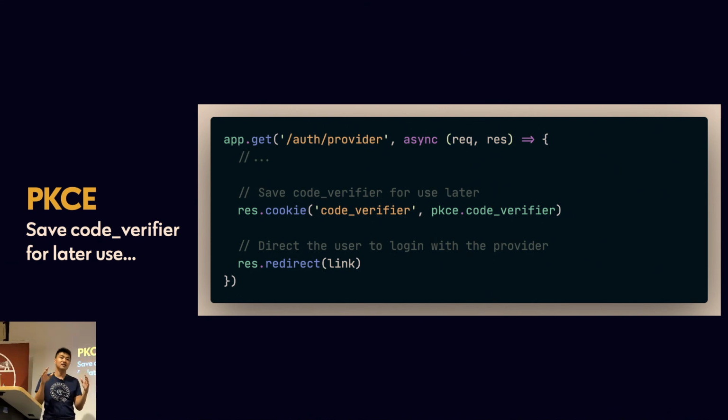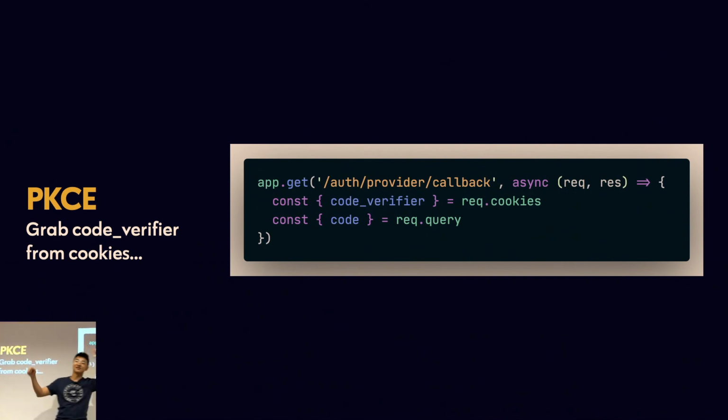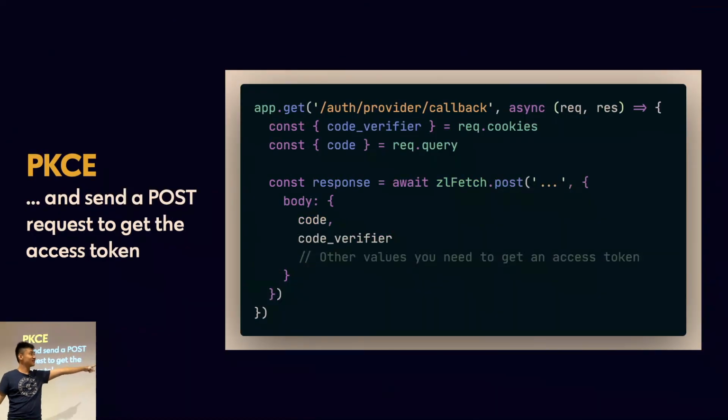The idea is if you save it in a cookie, when the API redirects you back into the callback URL, you can grab this value from your cookies. Right? So when you grab the value from your cookies, you send it to the endpoint to exchange for an access token.